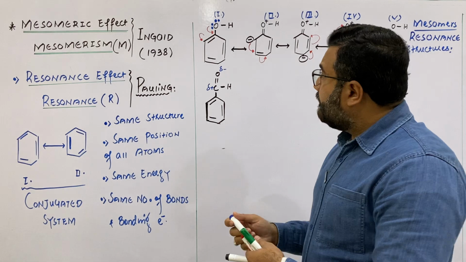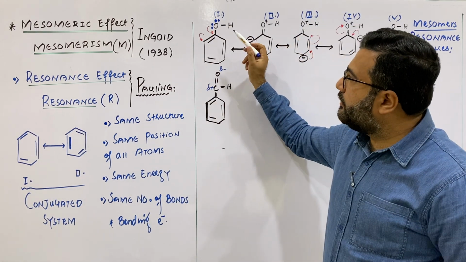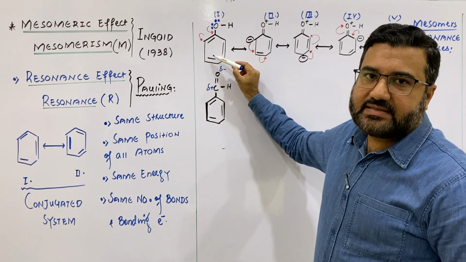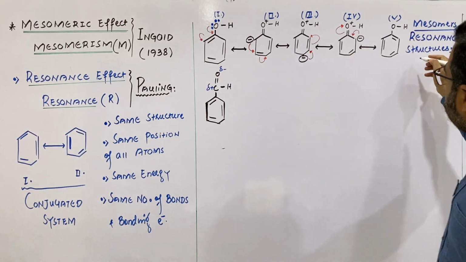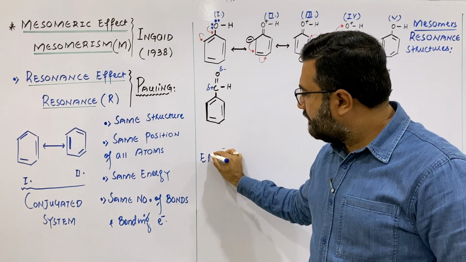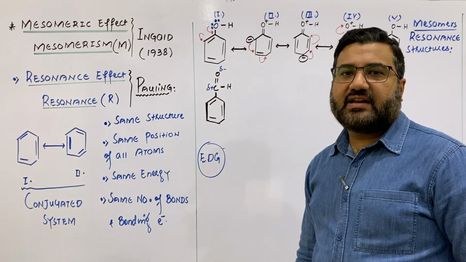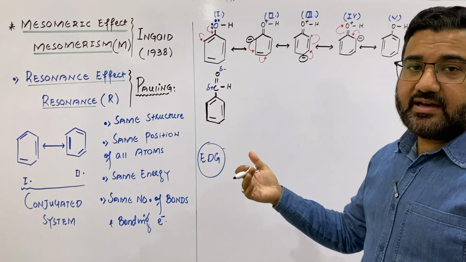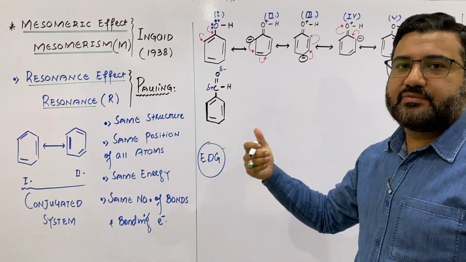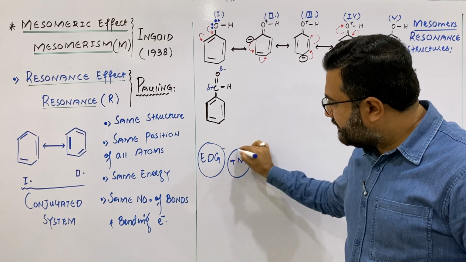Now, what kind of group is it? This is an OH group and it is an electron donating group. It has donated electrons to the conjugated system. All the groups which are electron donating, when they donate electrons to the conjugated system, this is called positive mesomerism and these are called positive M groups.